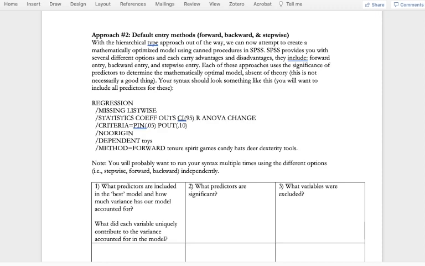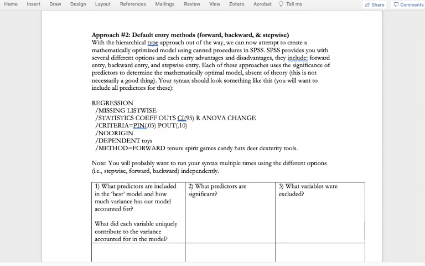They all work in slightly different ways. Forward will keep adding variables, going from the highest amount of variance decreasing until there isn't a significant difference anymore, and then stop.